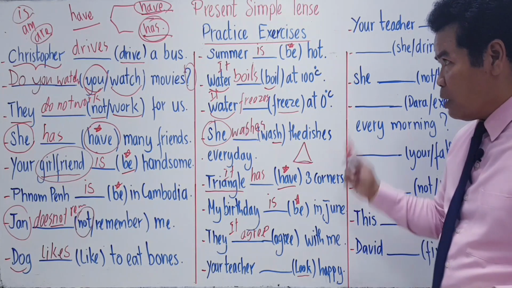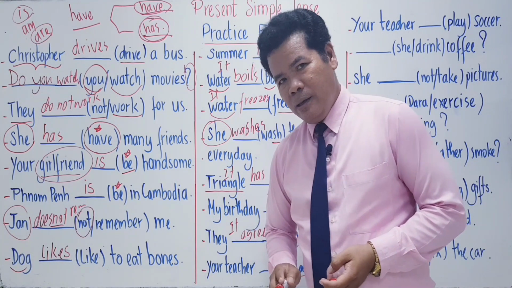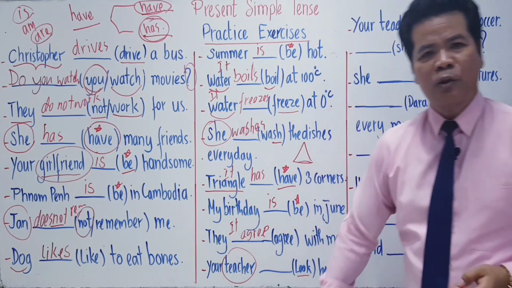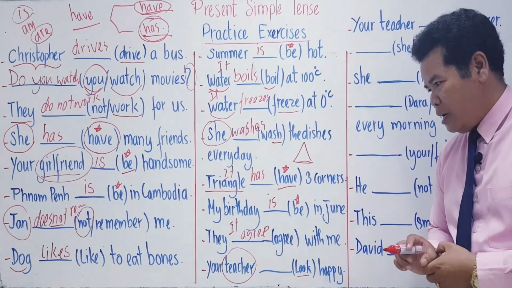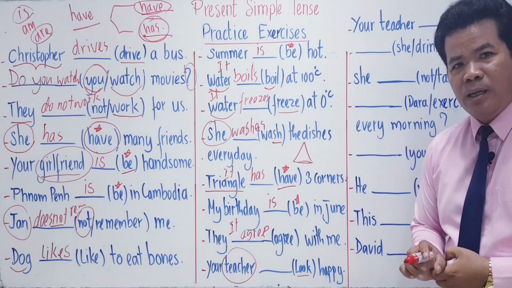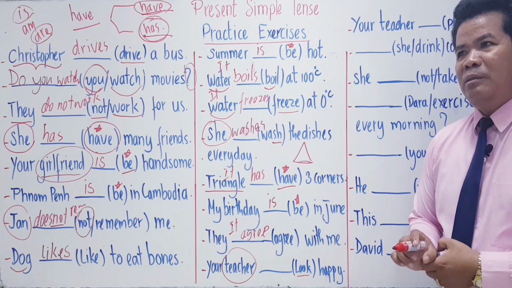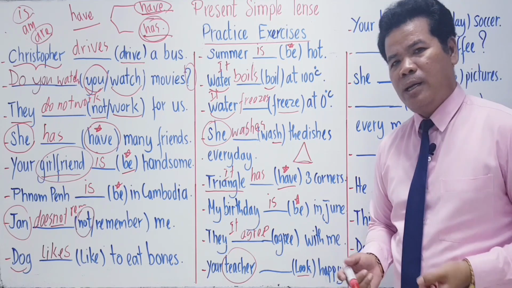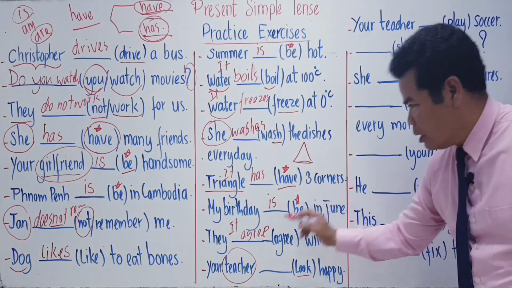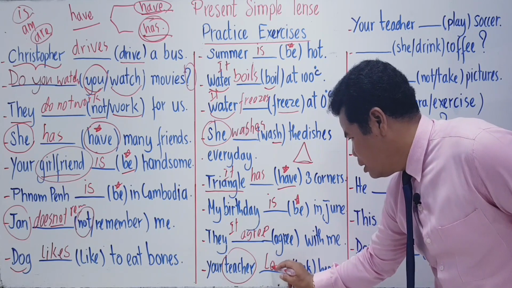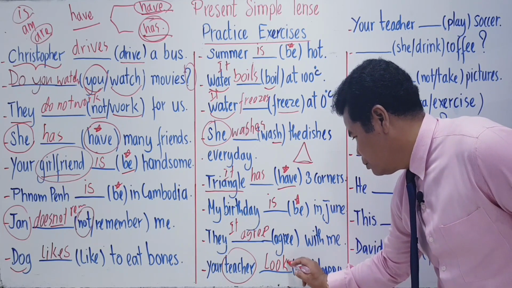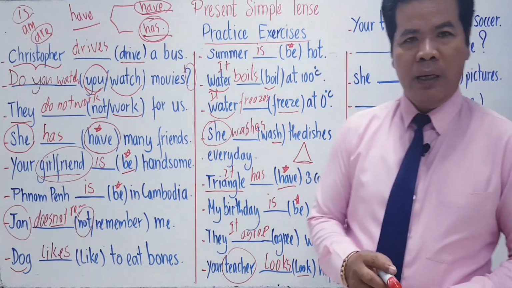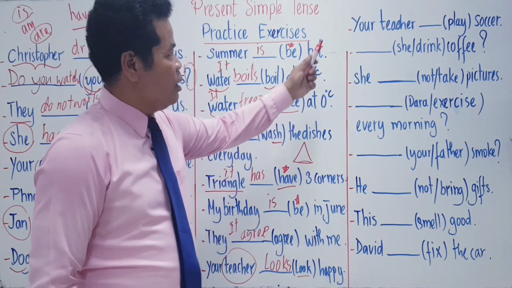So when you use a positive, you think about what? Subject. Where's the subject? Your teacher. How many teachers do I mention? There's only one teacher. So teacher can be she, teacher can be he, right? But just only one. So what are you using here? Your teacher looks happy. Okay? Now let's go to the other one.